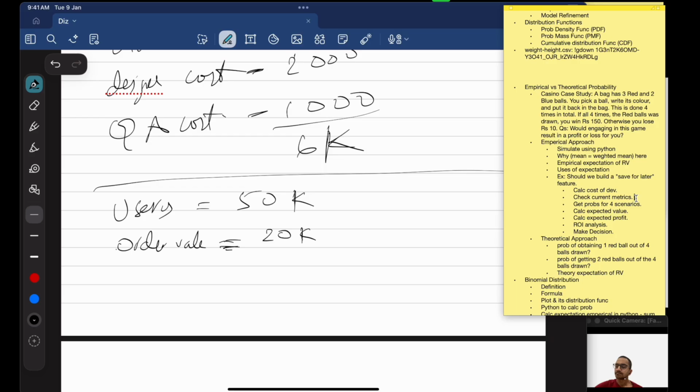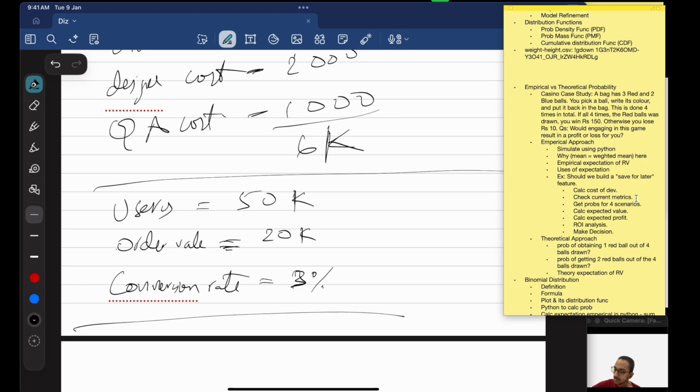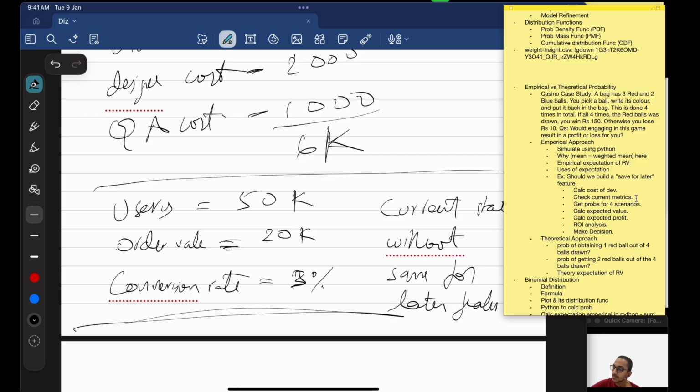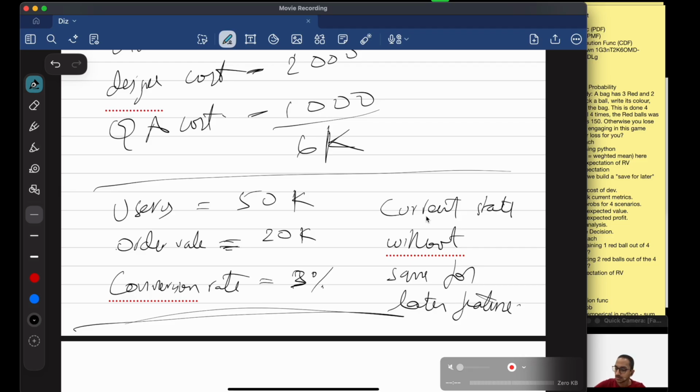And what else? Conversion rate. Let's check conversion rate. Conversion rate, they have about 3%. Currently, this is the current state, without save for later feature, right? So this is without save for later.